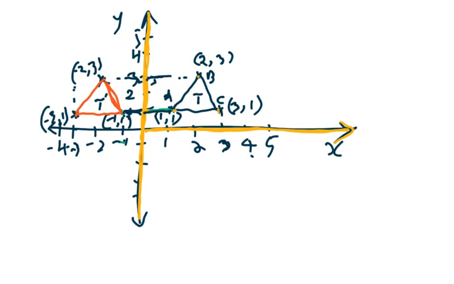Let's go back and just label this. This would have been B prime, that was our A prime, and this was our C prime. Now since it's the same triangle, the image we're going to get will be T double prime.